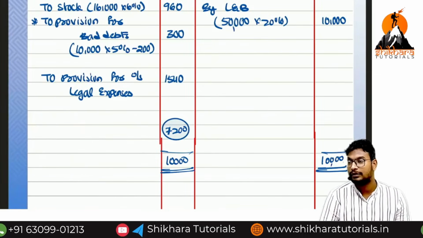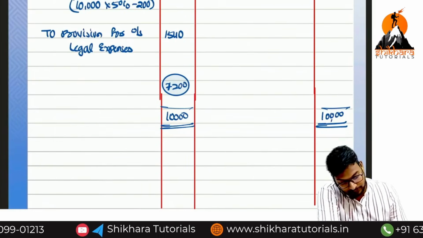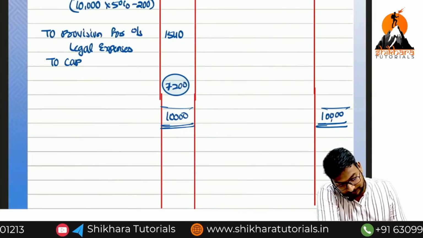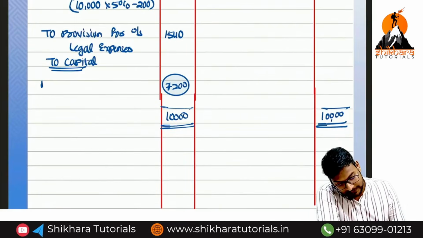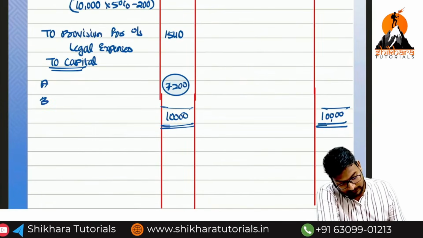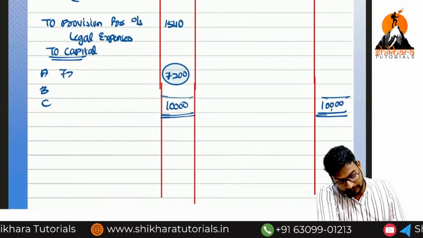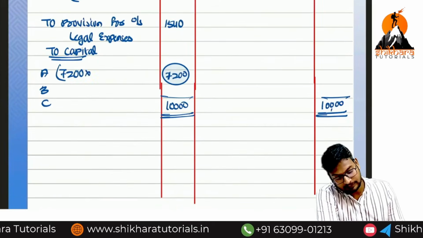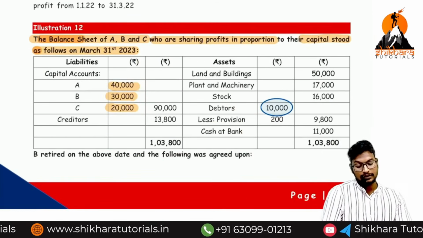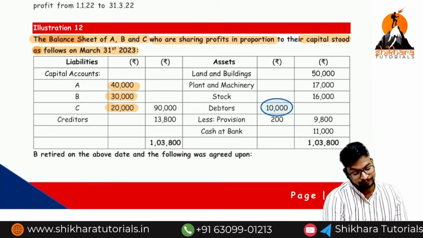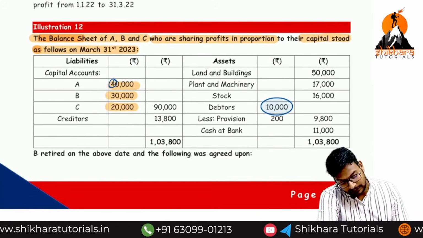Okay, now we have the old partners, 3 members. New partners are 2 members. To capital. So A, B, C. How much, Amma? 7,200 to, what is the proportion, Amma? Proportion of capitals. 4 is to 3 is to 2.